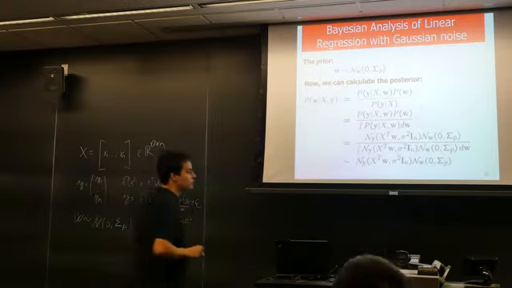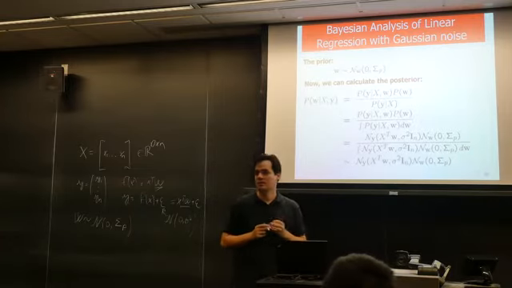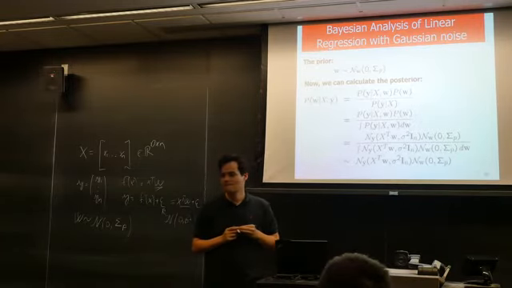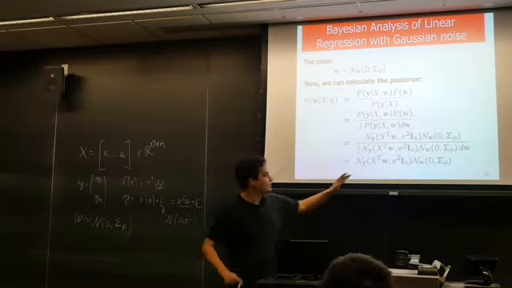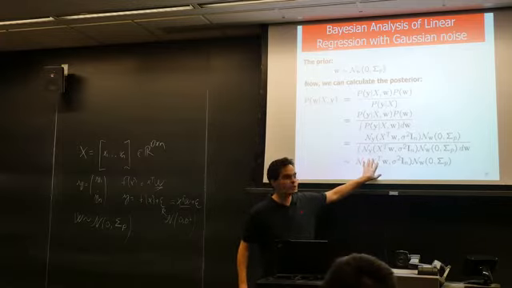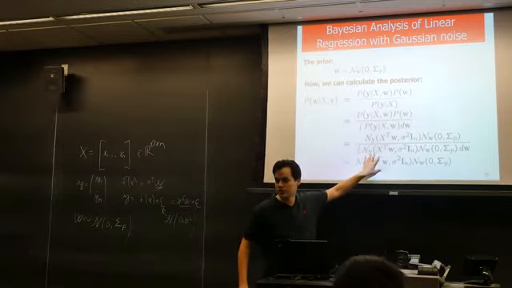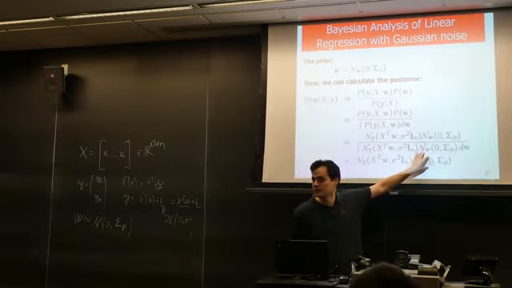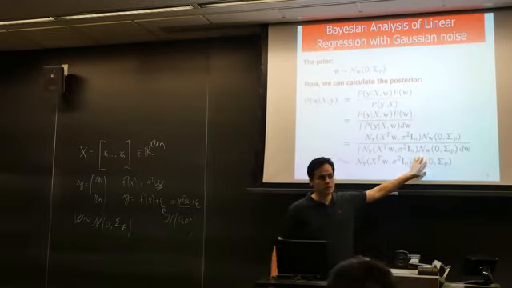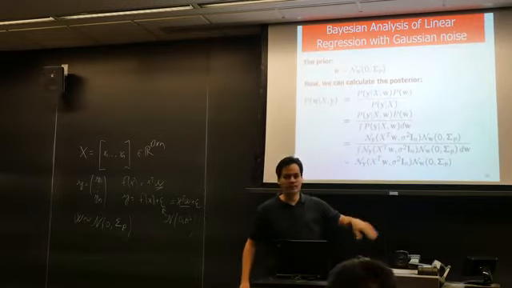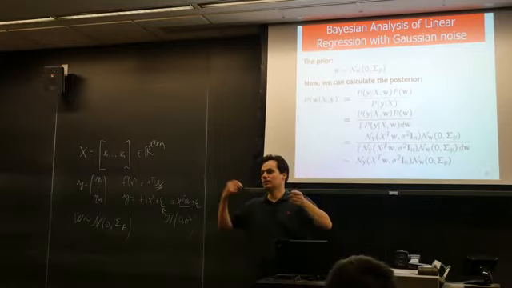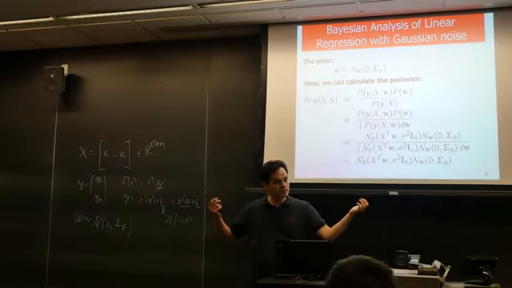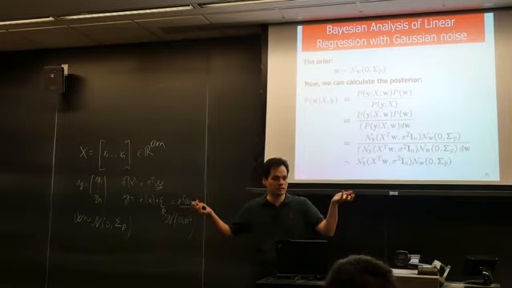Gaussian. Okay, so why is that? Quadratic function in the exponent. Right, there's a quadratic function inside the exponential here, and another quadratic function inside the exponential here. So if I multiply these two, then it will be a quadratic plus quadratic inside the exponential function, and a quadratic plus a quadratic is a quadratic.